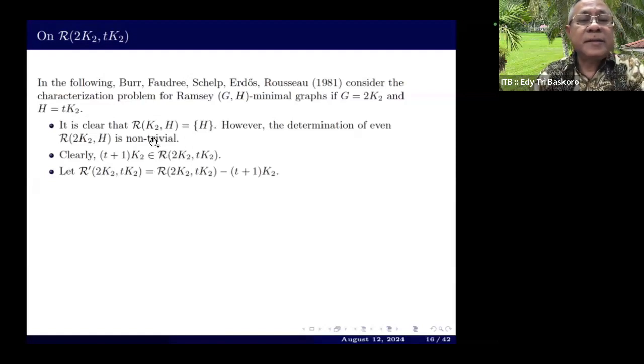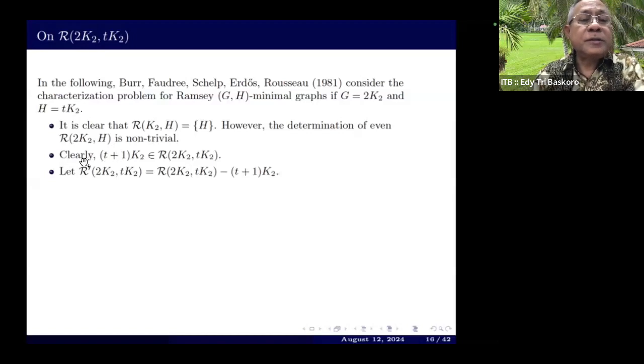It's clear that the Ramsey minimal graph for (K2, H) is H itself. However, the determination even for (2K2, H) is non-trivial.